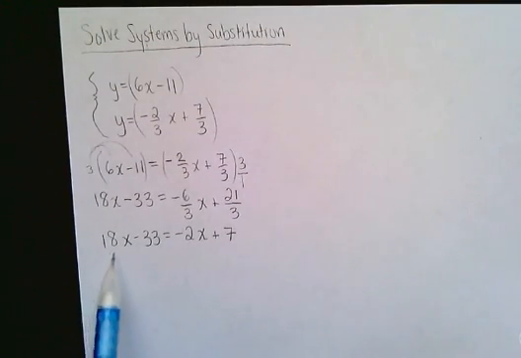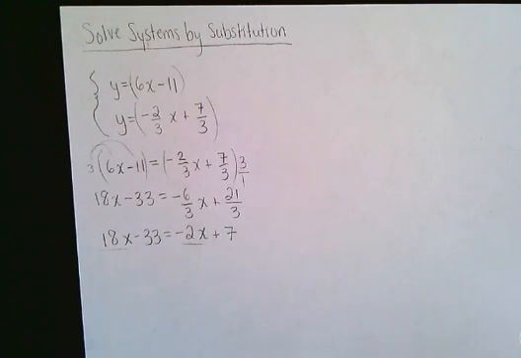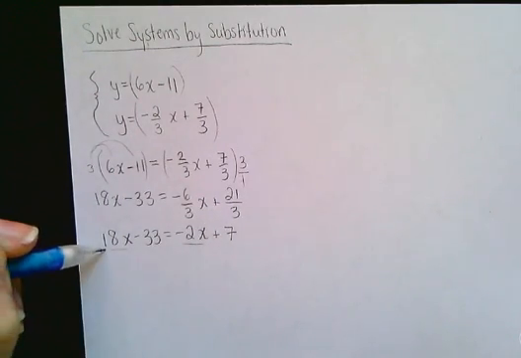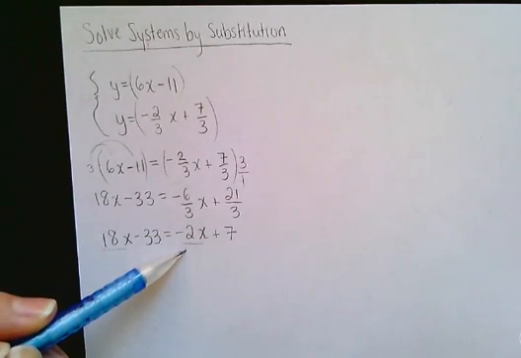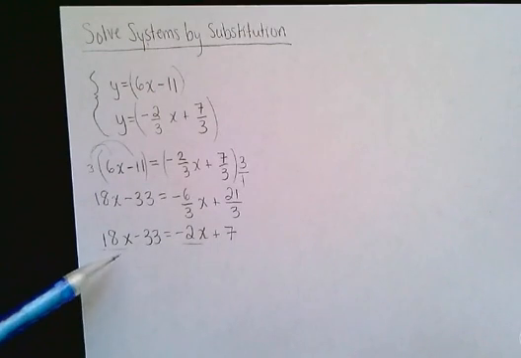We have the variable x on both sides of the equation. So solving for x, we just need to get x by itself. So we have to get all of the other stuff on one side and all the x's on the other side. So I'm going to put x on the left-hand side. My first step will be to move positive 2x from the right-hand side to the left-hand side.